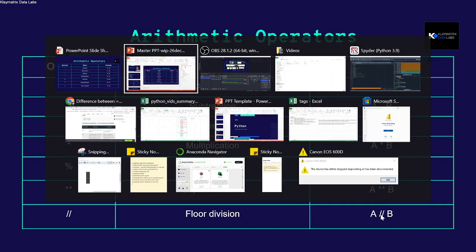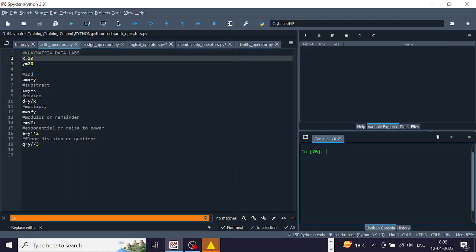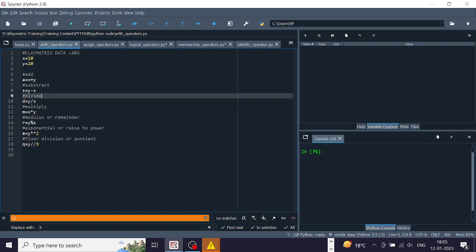Let's have a look at this using Python code. So here we have all the arithmetic operations. If I'm talking about two variables x and y, x is 10 and y is 20. If I add x and y in a, you can say a is x plus y. Subtraction is y minus x here.